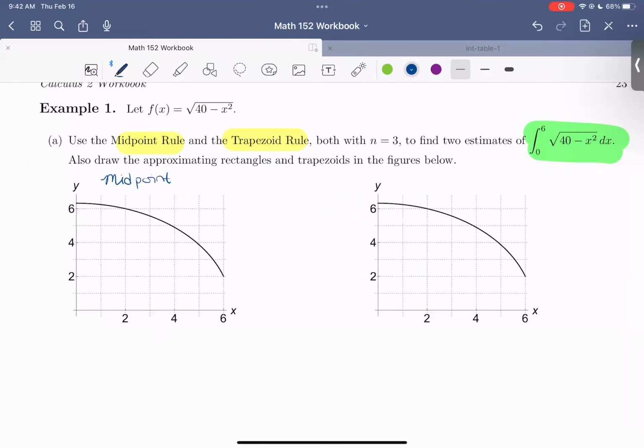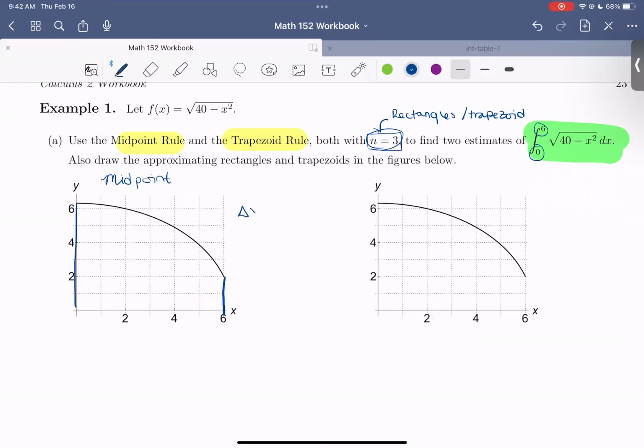Notice that we're using n equals 3, so that means the number of rectangles, or the number of trapezoids, is going to be 3. Since our integral takes place from 0 to 6, those are the bounds of our integral, and we want to use 3 rectangles.